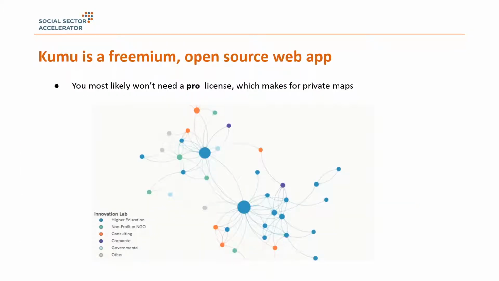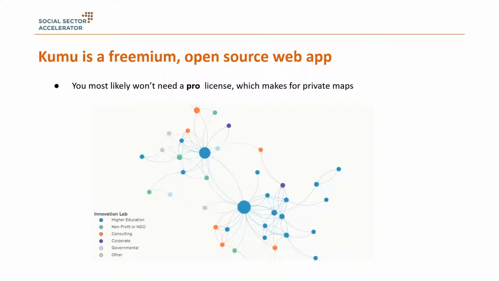So it's a pretty powerful tool for fairly cheap or even free if you're willing to put up with some limitations. Secondly, there's Kumu. And Kumu is a freemium app as well. It's open source and it's available on the web. Honestly, you are most likely not going to need a pro license. The only real value I can see for a pro license is to make private maps, which makes sense if you're making maps with some sensitive information on it.